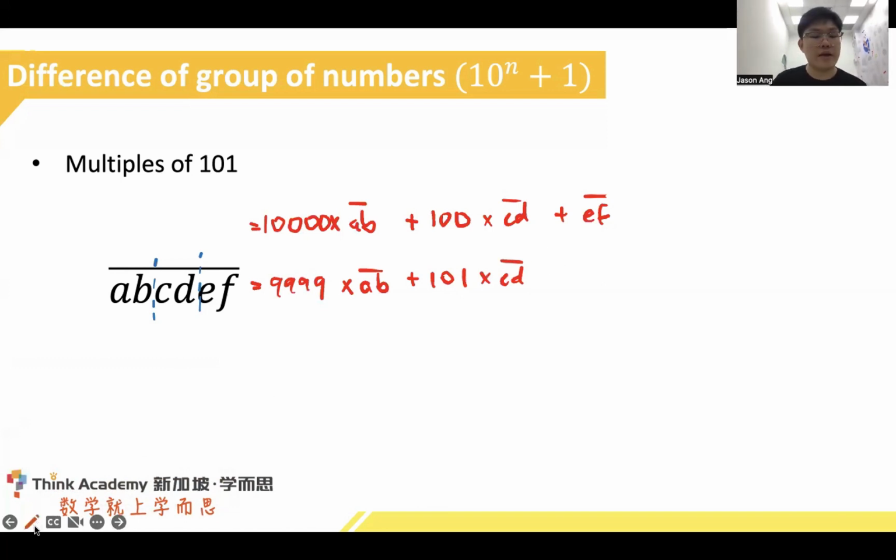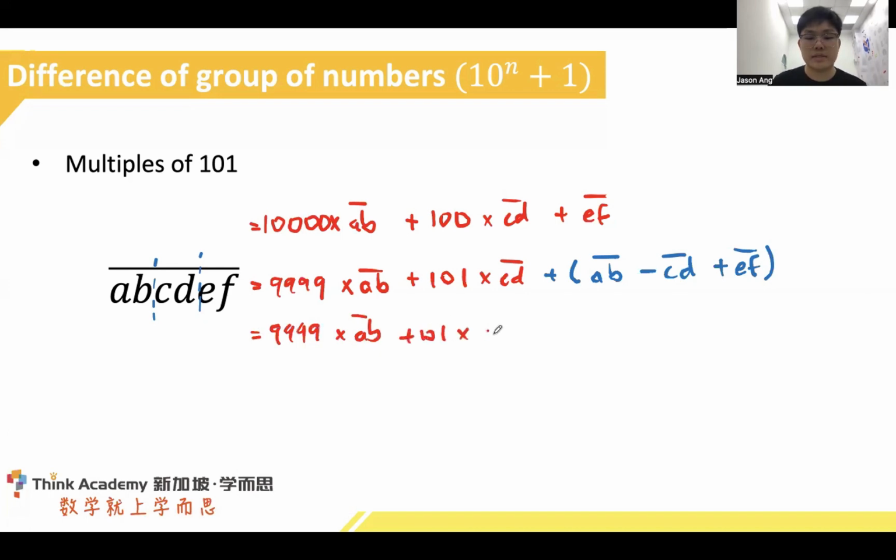But again, the values will then be added with the values at the back. We have your AB to balance out the front. Then after that, we need to minus a CD, and we need to add an EF again to balance as well. And if let's say I were to rearrange these numbers, once again, what do we see? 9999 times AB plus 101 times CD.